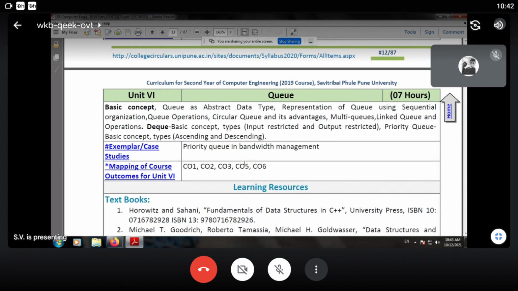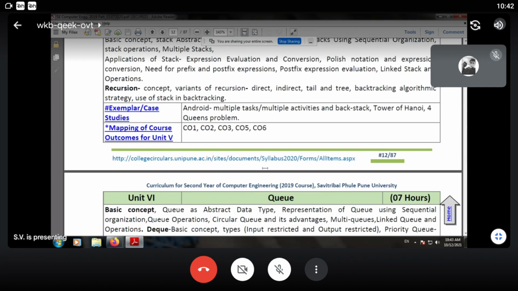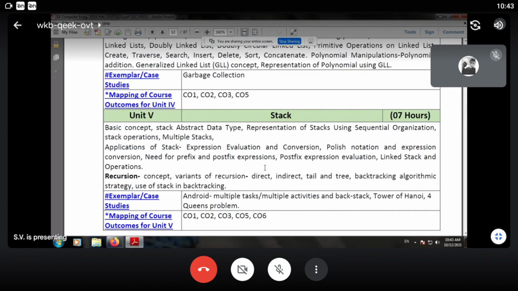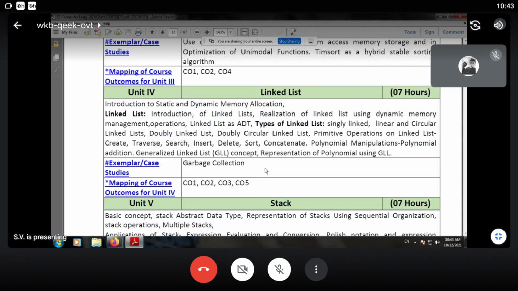By the time you complete unit number 6, you are able to cope with course objectives 5 and 6. Everyone getting what is the significance of case study? As you complete it, it gives you confidence that you are capable of doing something. Okay.